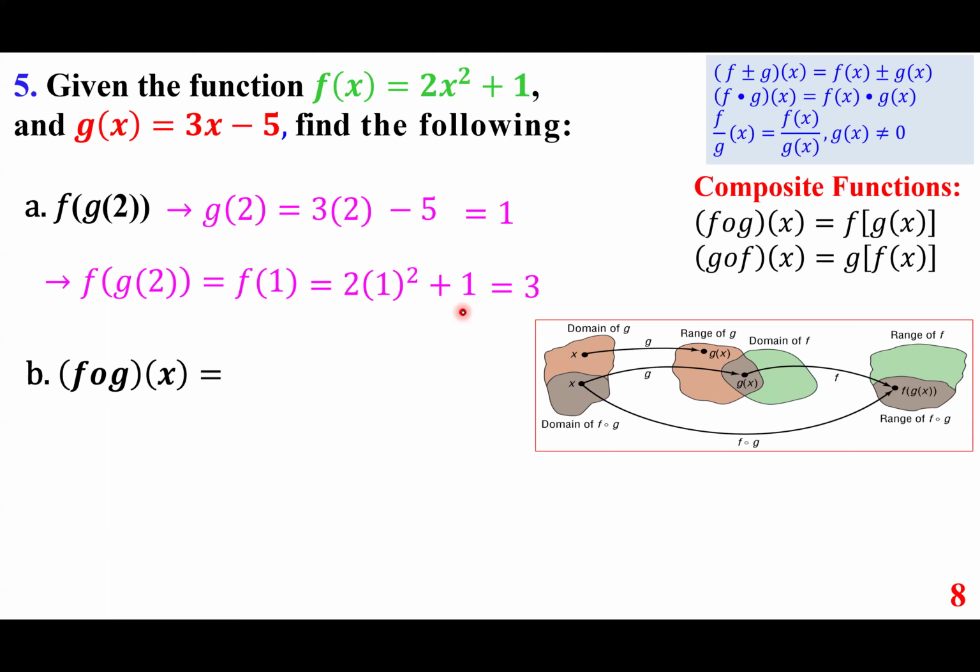f of g of x by definition means f of g of x, which means the f function replaces the x with 3x minus 5.